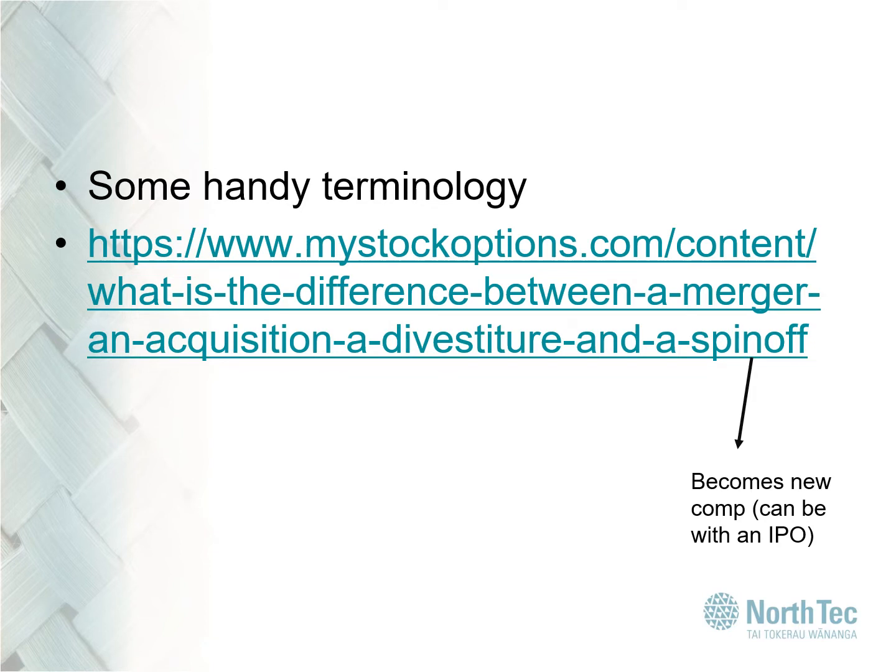A spin-off is where a divestiture becomes a new company. Instead of selling it to a third party, it can become a new company with an IPO, the initial public offering.